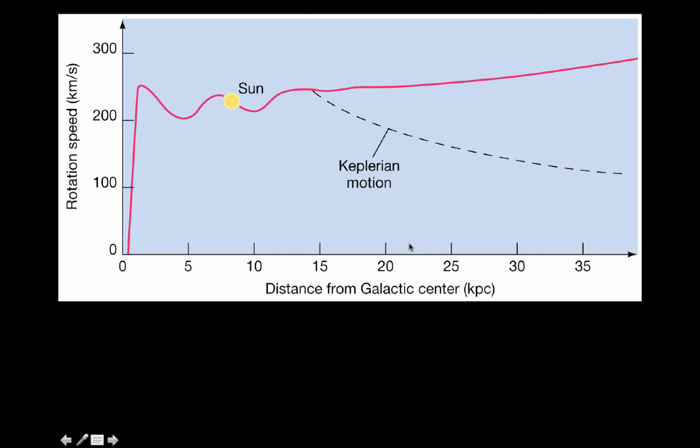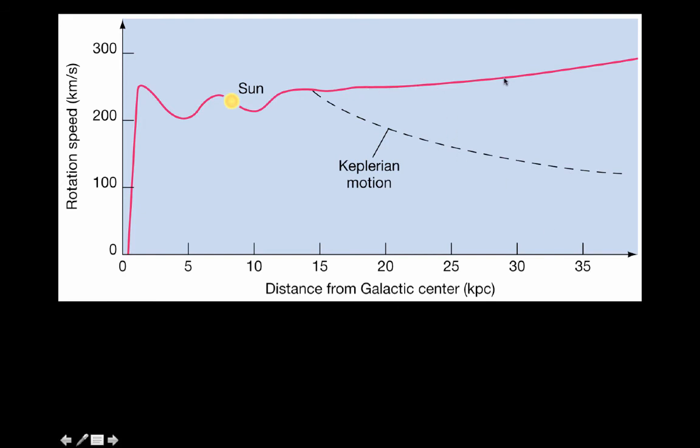Beyond about 15 to 20 kiloparsecs out from the galactic center, we don't see any matter. We don't see stars. We don't see gas. We can't see light from anything, and we can't see anything indirectly. But that's not what is happening.